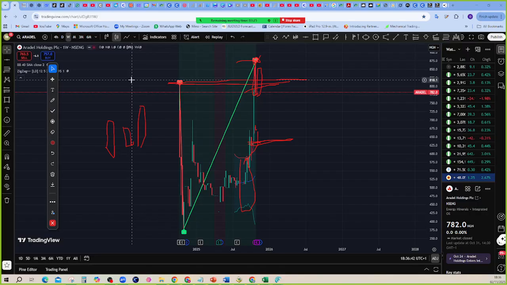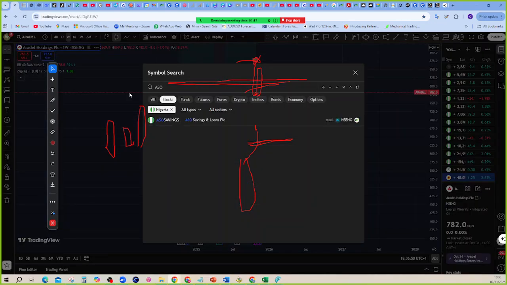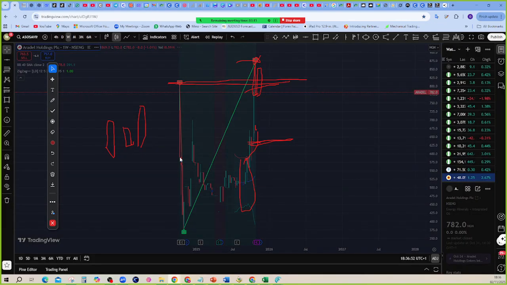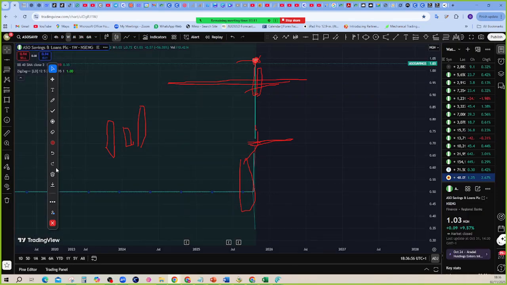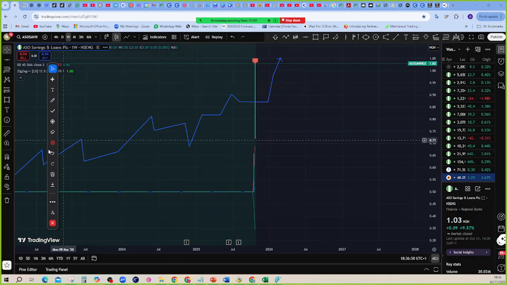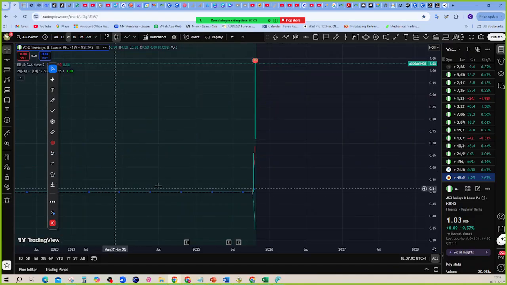If there is not enough sample data, there's no way we can actually project price action. Let me show you what I'm saying. You will see that you just see one big candle that just went up. So there is really nothing to look at here as far as technical analysis is concerned.